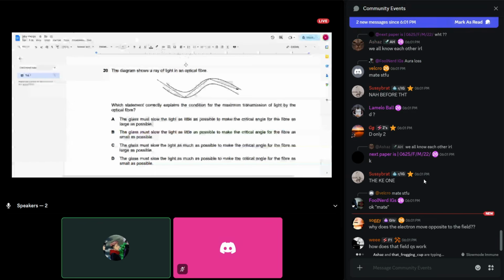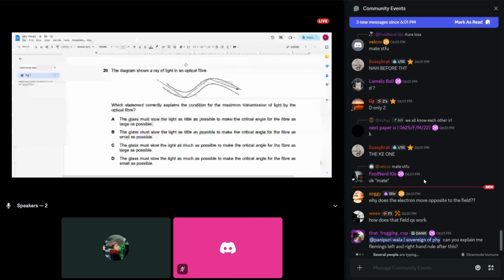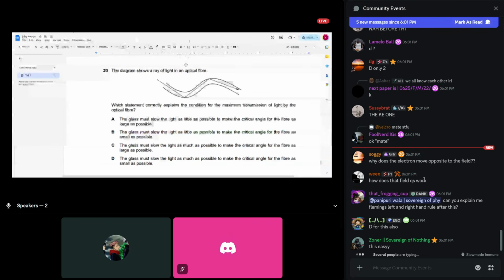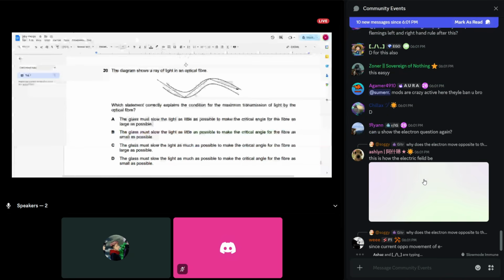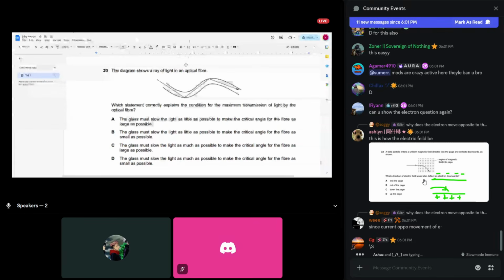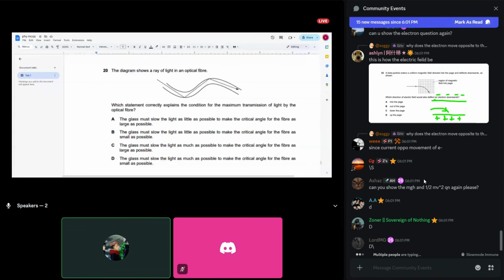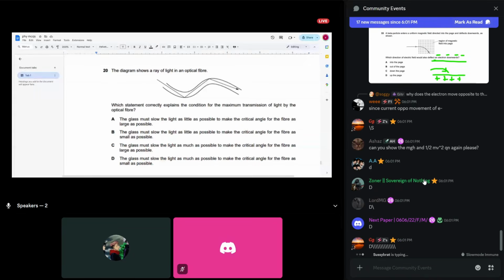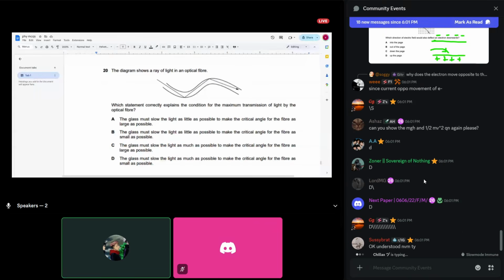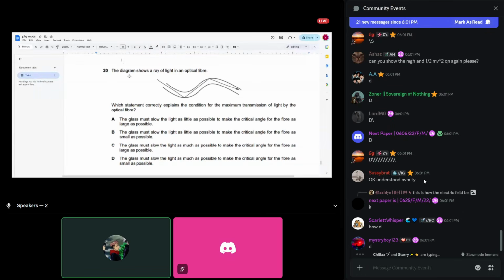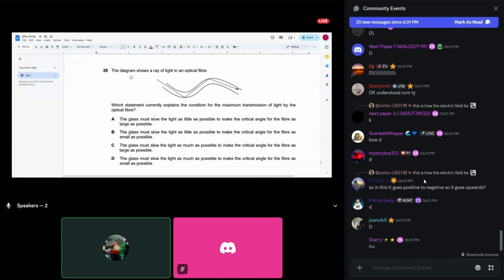The diagram shows a ray of light in an optical fiber. Which statement correctly explains the condition for the maximum transmission of light by the optical fiber? Yes, this is E. Because look, refractive index is v1 by v2, and refractive index increases with a smaller critical angle.